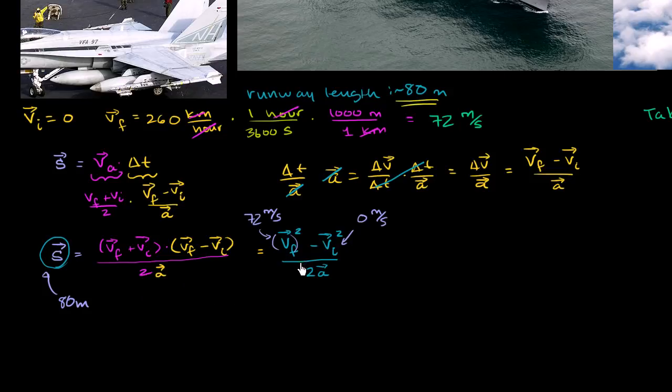But sometimes you'll multiply both sides times the 2a, and you'll get 2 times the magnitude of the acceleration times the magnitude of the displacement, which is the same thing as the distance, is equal to the final velocity squared minus the initial velocity squared. Or sometimes in some books it'll be written as 2AD is equal to VF squared minus VI squared.